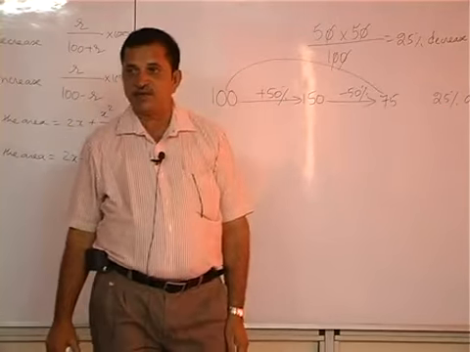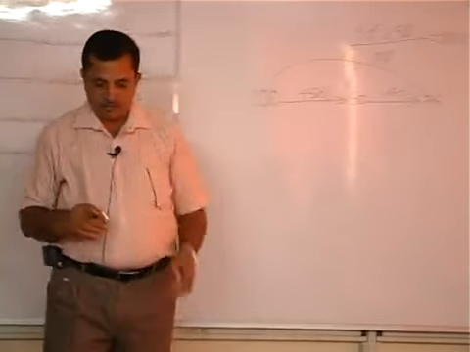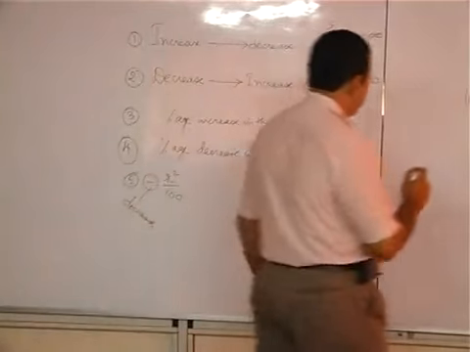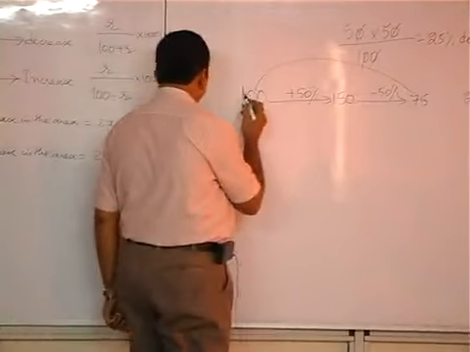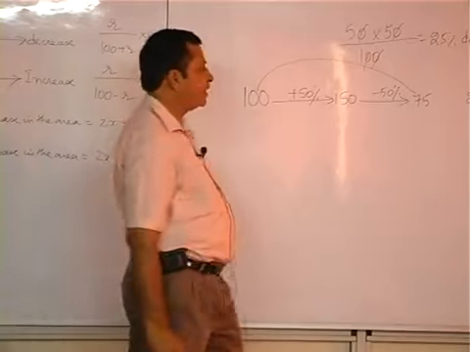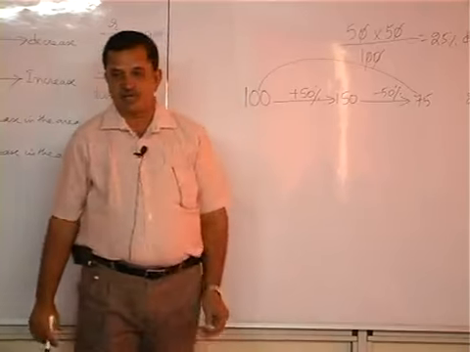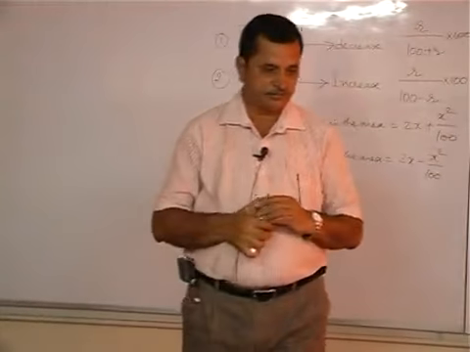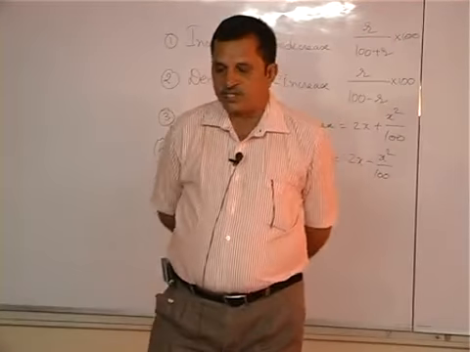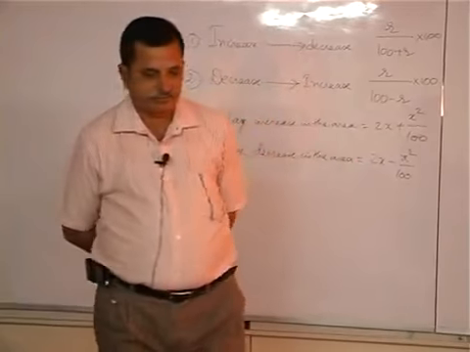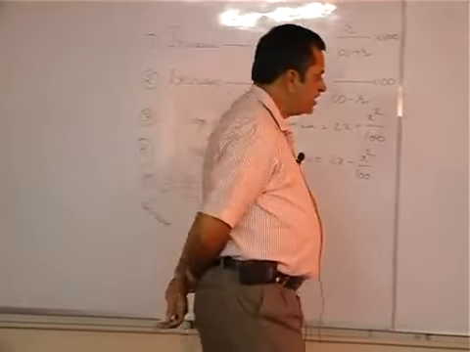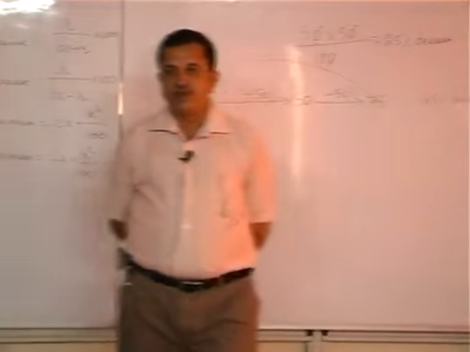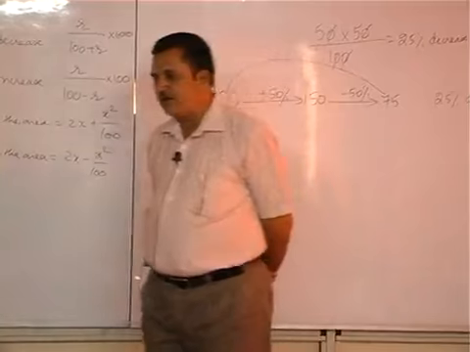Right? Write down that model also. A discount of 20% is offered on all goods by a shopkeeper, and as a result his sales are increased by 30%.